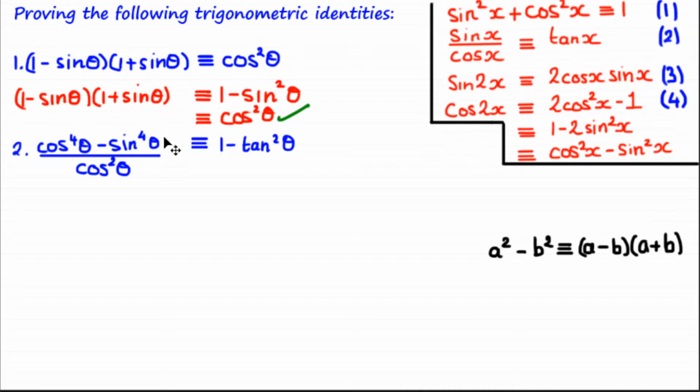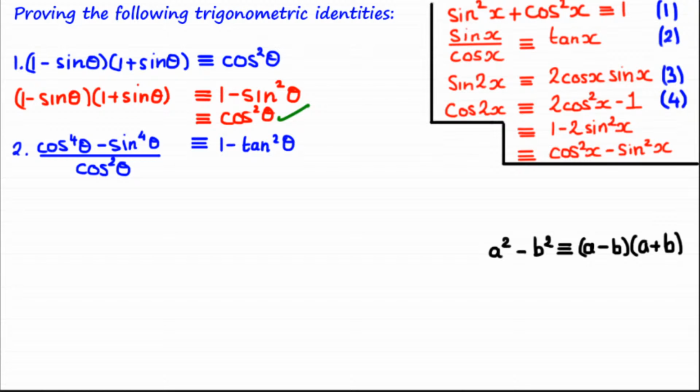The only thing we need to do is find sine squared theta in the numerator somehow. If we can find some way of reducing this term such that we get sine squared theta out, we can cancel the terms out and get tan squared theta. So my strategy is to find sine squared theta somehow.